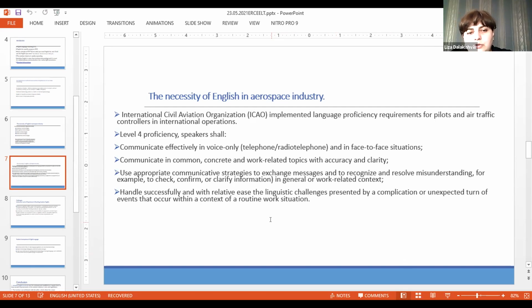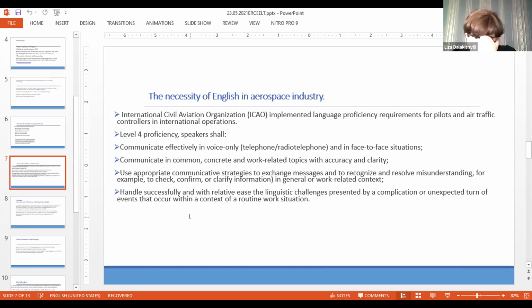Also, use appropriate communicative strategies to exchange messages and to recognize and resolve misunderstandings, for example, to check, confirm, and clarify information in general or work-related contexts.